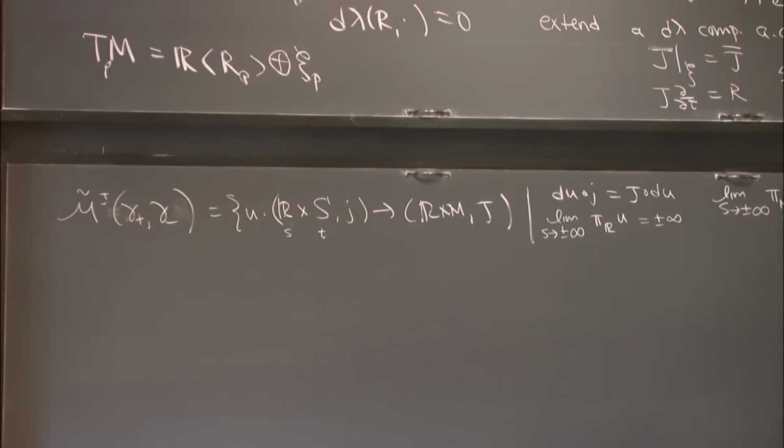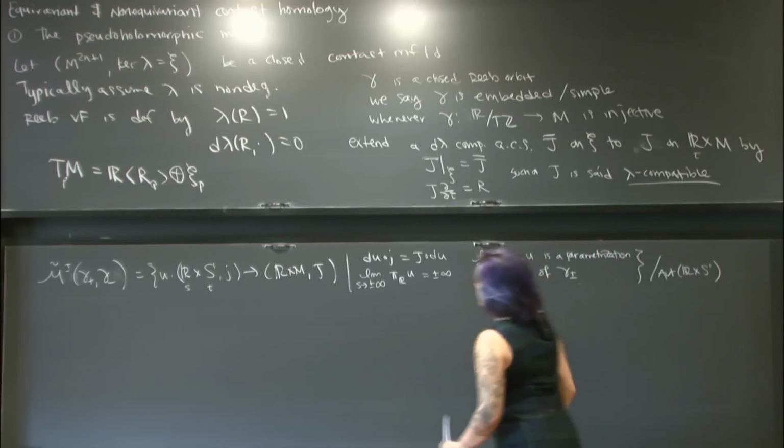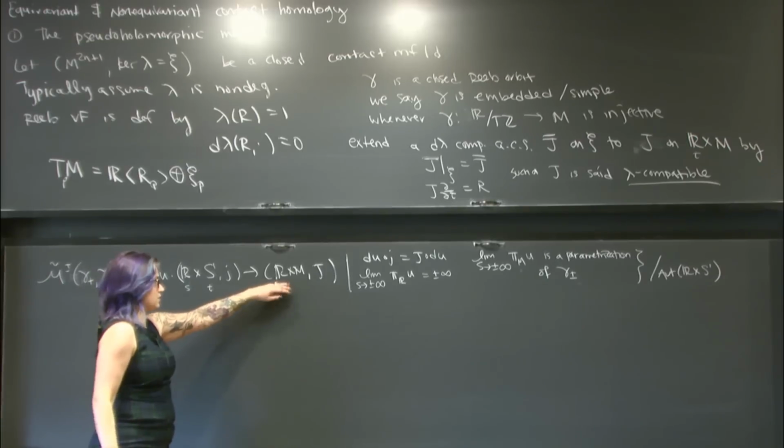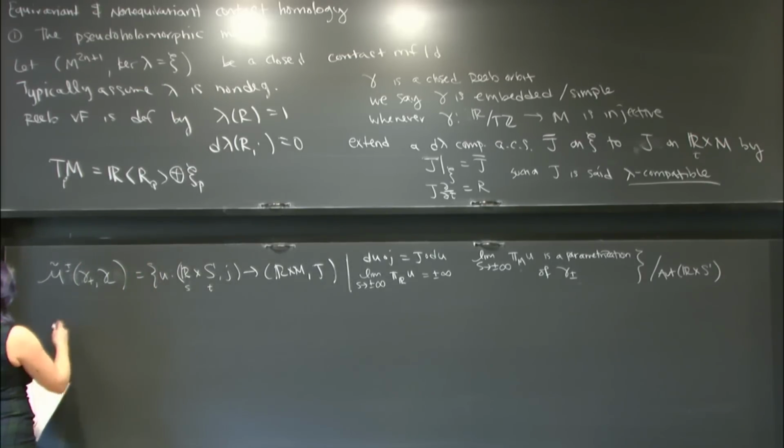And then we're going to mod out by the automorphisms of the domain, which is R cross S^1. And then I also have this translation on the target, so I'm going to also mod out by the R on the target.